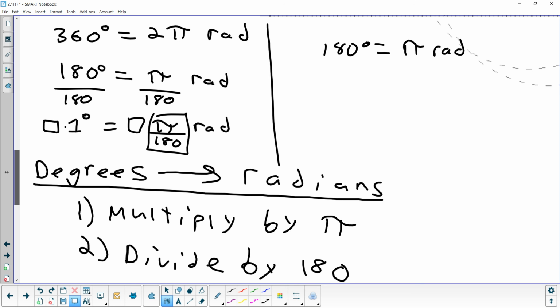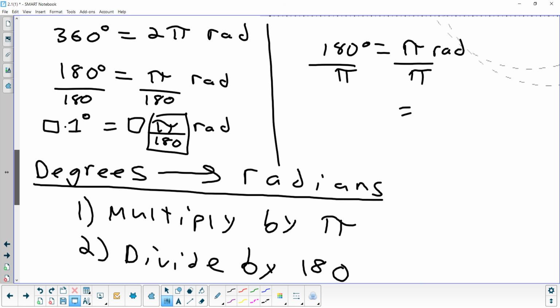What could I divide both sides by here to get a 1 on the right? Okay. Pi. Let's divide both sides by pi. Now you have a formula with a 1 in it.